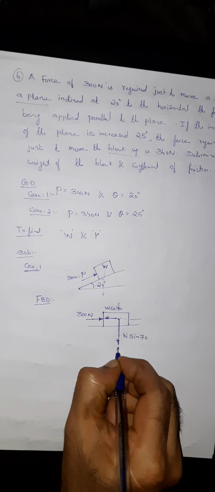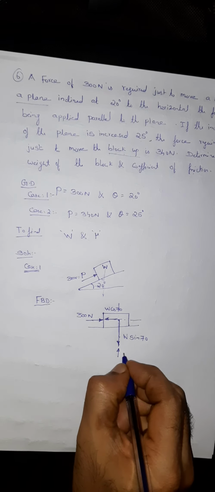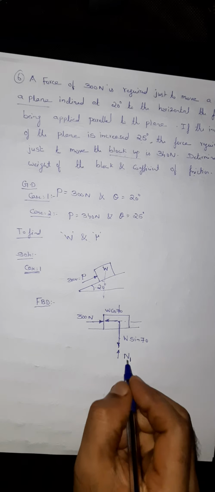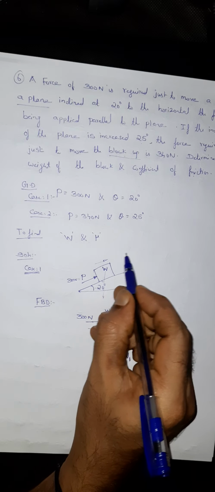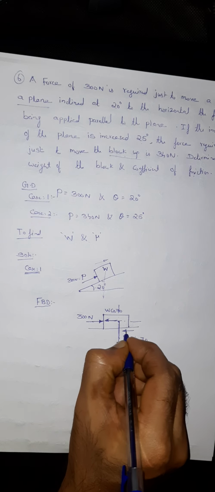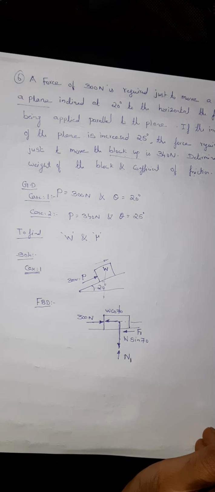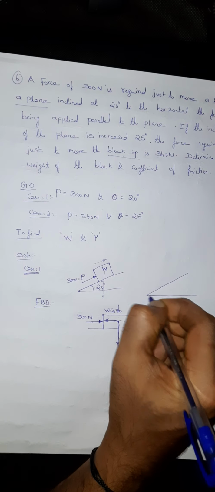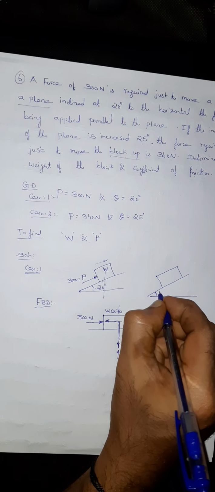There is a reaction which is always perpendicular to the object, which is N1, for condition 1. When the block is moving in the upward direction, the friction would be opposite to the movement or motion. So this can be considered as F1. Is it clear? If you want, I can draw another diagram for better understanding.